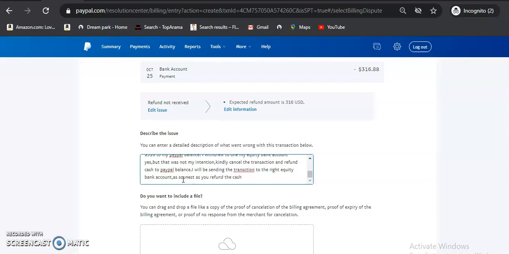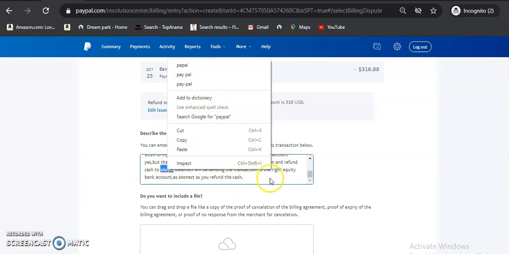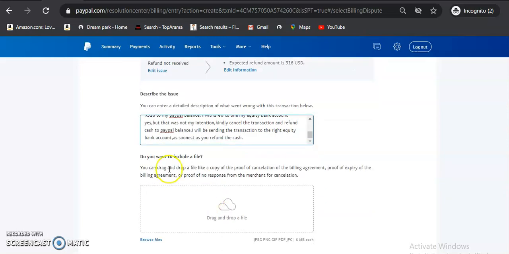I have three Equity accounts, but I withdrew to a wrong account. Now I'm requesting PayPal to cancel the transaction. It asks, do you want to include a file? You can drag and drop a copy of proof of cancellation, proof of expiry of the bill of agreement, or proof of no response from the merchant.